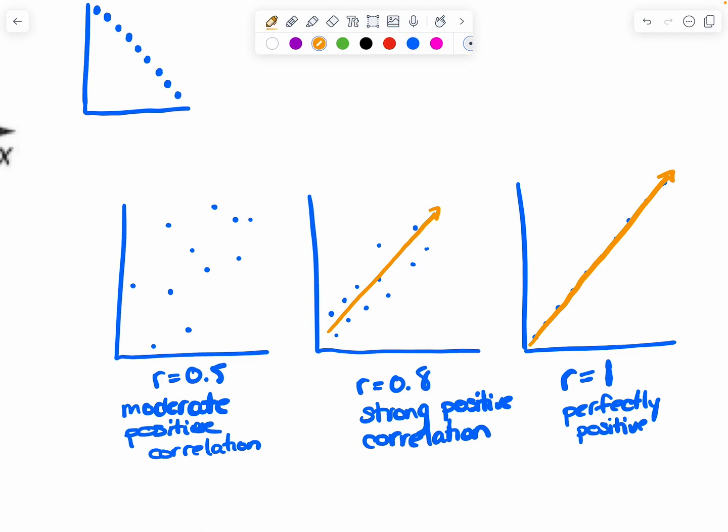So there is an increase in those points, but you see how far apart those points are? The further the points are from that line of best fit, the smaller the value, the closer it gets to 0. Okay.